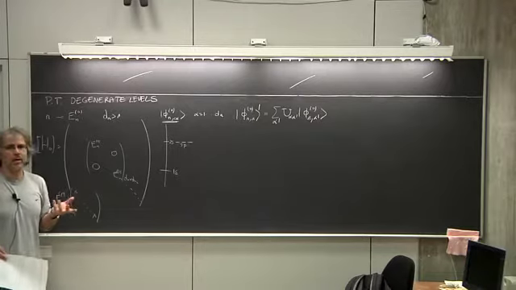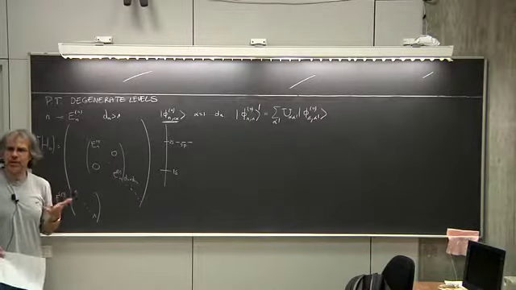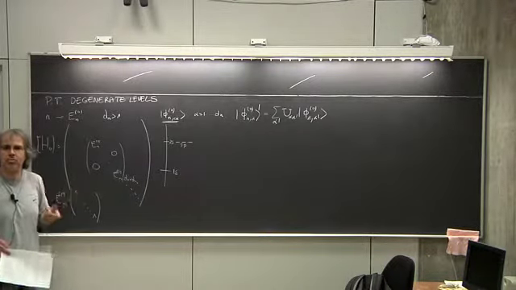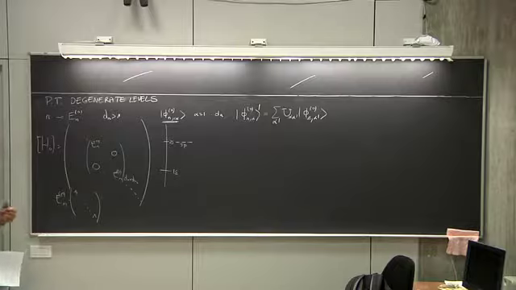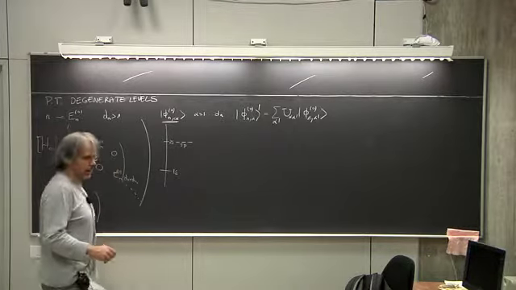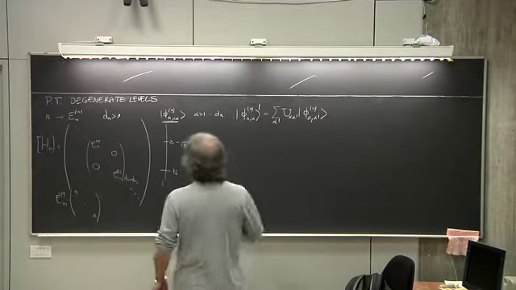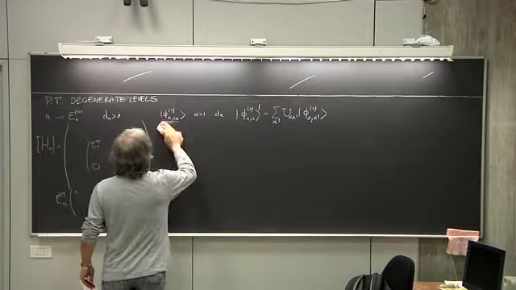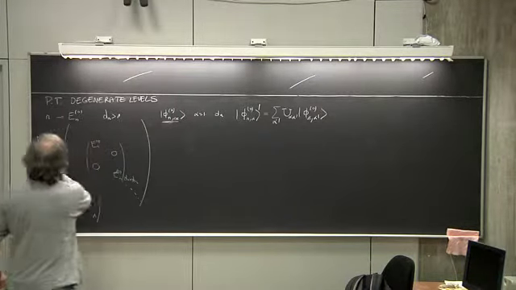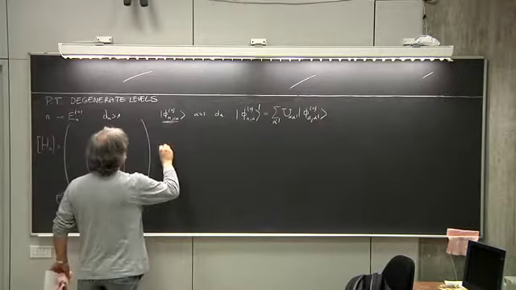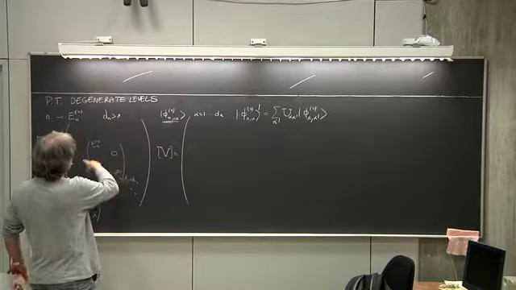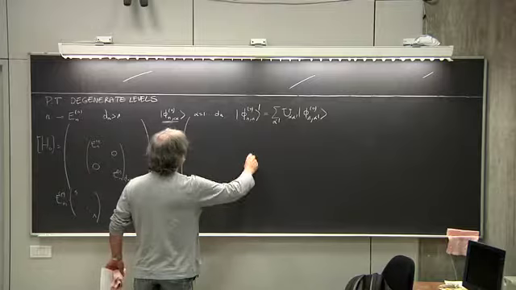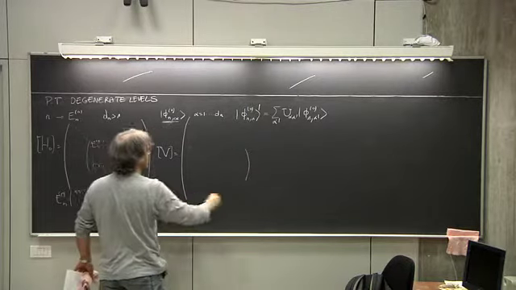So the question arises, which ones are the best to use? After all, there is this freedom, but maybe the freedom ends once I introduce some perturbation. Let's see. So the problem is the following now. I have now not only H0, I also have the perturbation, the matrix for V. Let us concentrate on the same subspace, Dn by Dn.